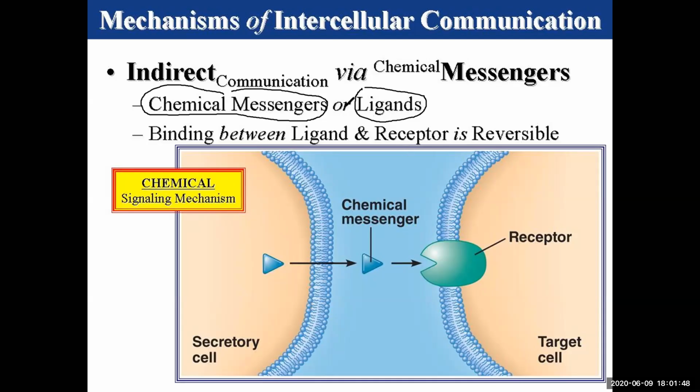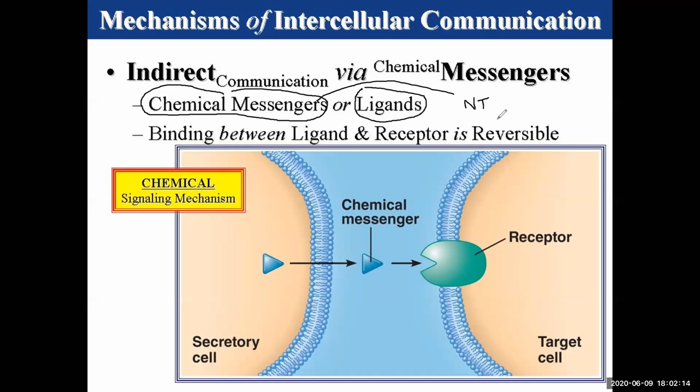And the chemical messenger or ligand changes its name depending on the organ system that uses it, right? For example, the chemical messenger used by the nervous system is called a neurotransmitter, shortened as NT, right?